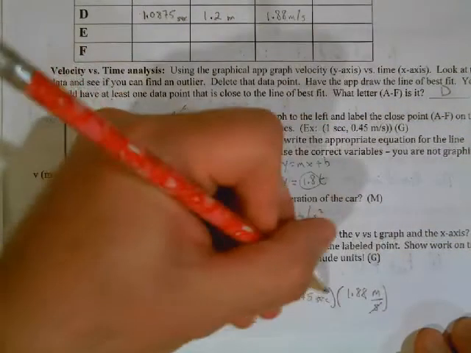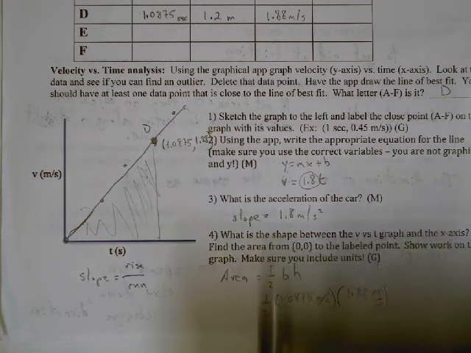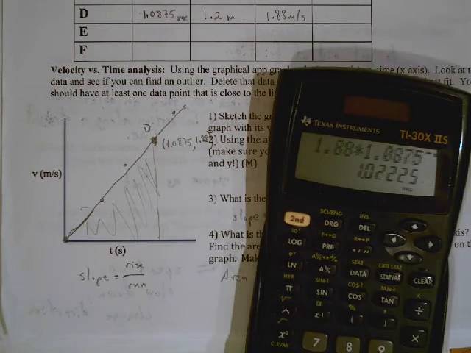All right, you ready to do some algebra, people? All right, watch. Seconds goes away. My goodness, I know. So that means I'm going to end up with meters. So if I take 1.88 times 1.05 times 0.5, I get this number.